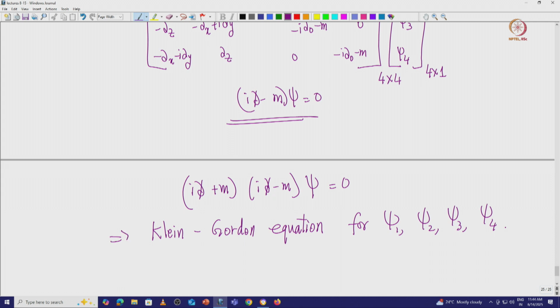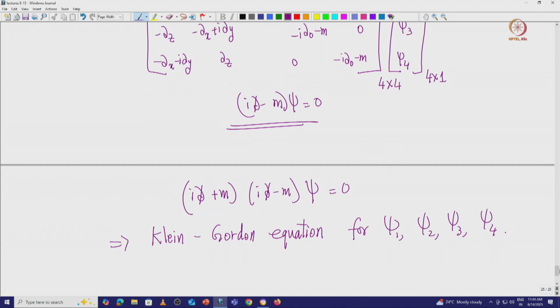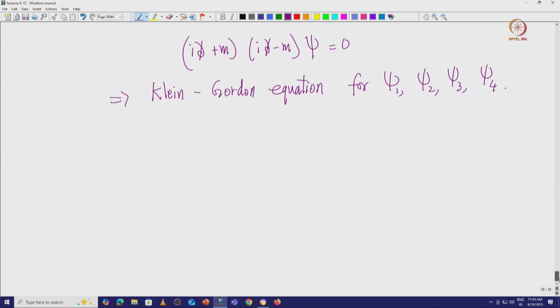So if you keep iterating it, you will end up having the Klein-Gordon equation.